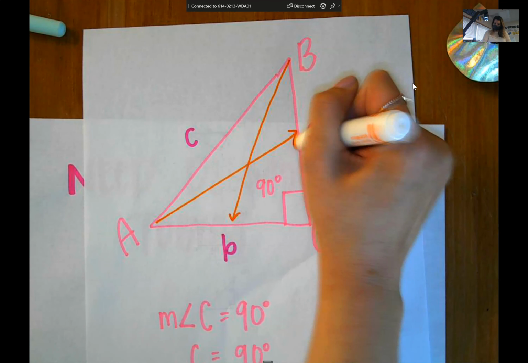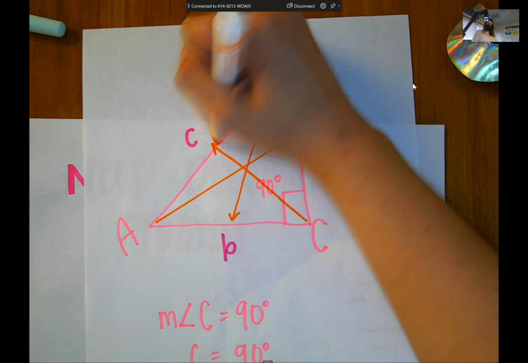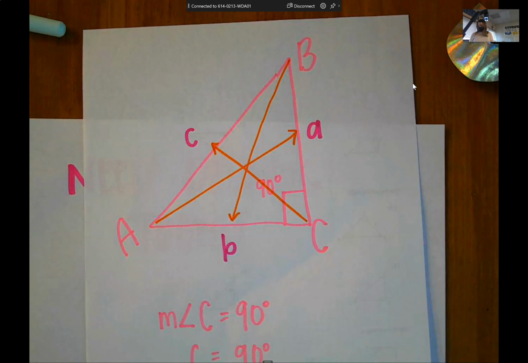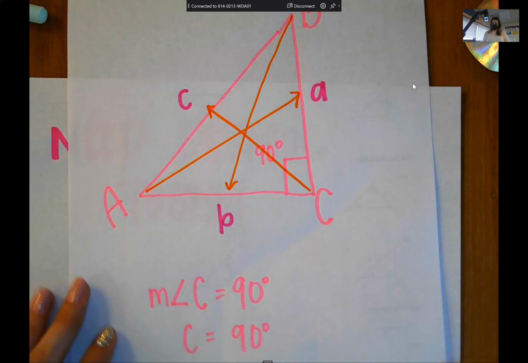So remember, they're across. That's going to seem kind of overwhelming because we also have other names for this, like opposite, hypotenuse, adjacent. So you don't have to write this down if you think that it's going to confuse you, but I'm going to show you what I mean by that.